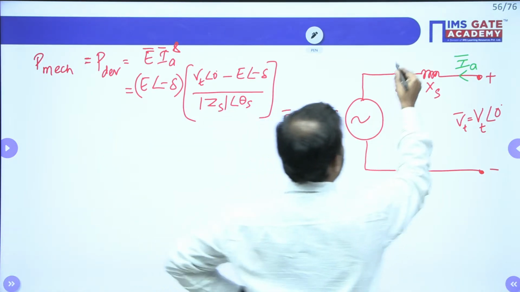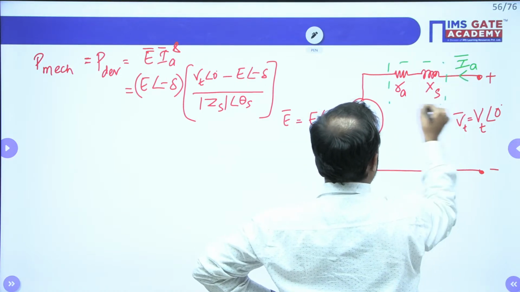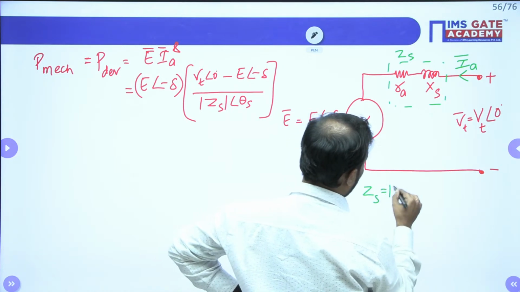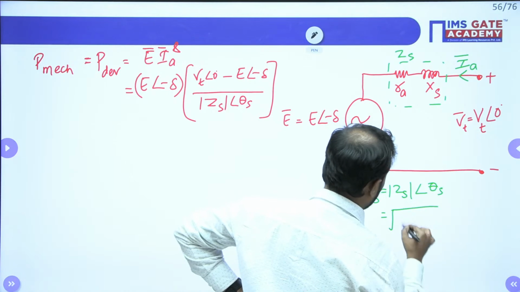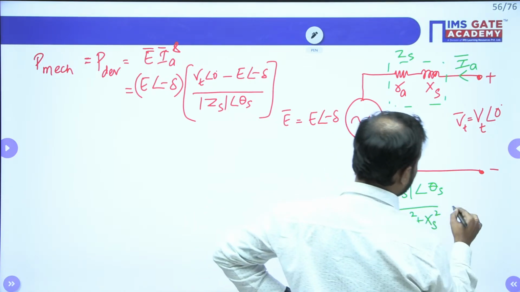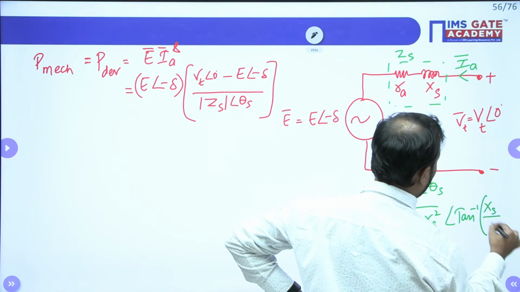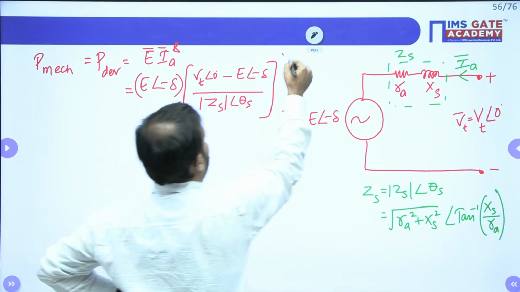So this is what basically? This is ZS. So ZS is magnitude of ZS at an angle theta S, which is root over RA square plus XS square, and theta S is tan inverse XS by RA. Done. And the conjugate sign.